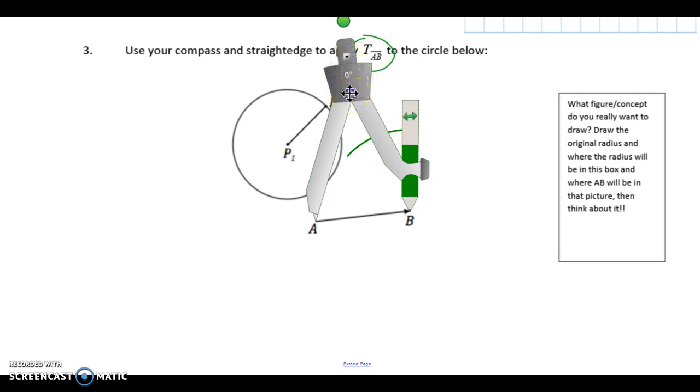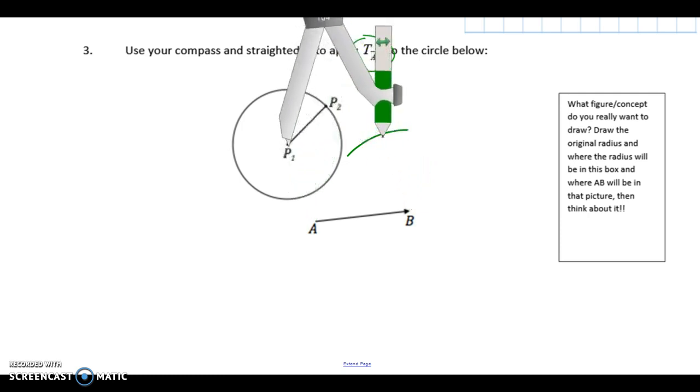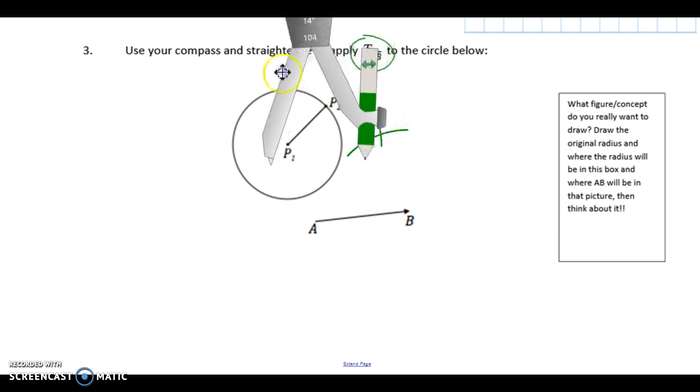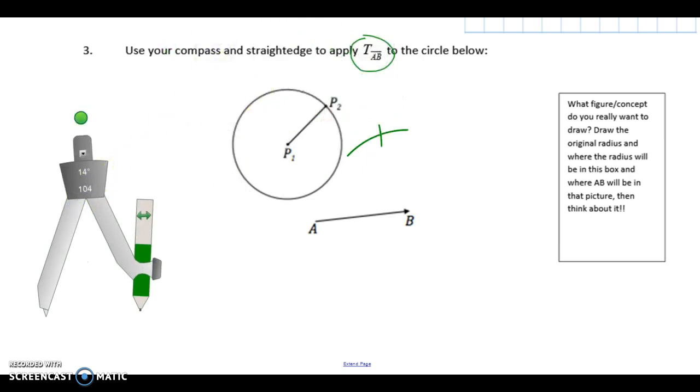Now I'm going to move my point up to P, and I'm keeping the radius of my compass the same. Once my point's on P, now I'm going to make an X marks the spot. So that new point there will be my point P prime. Okay, so that's the center of my new circle right here.